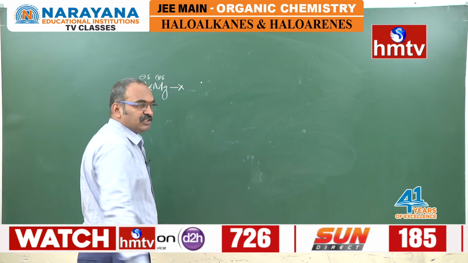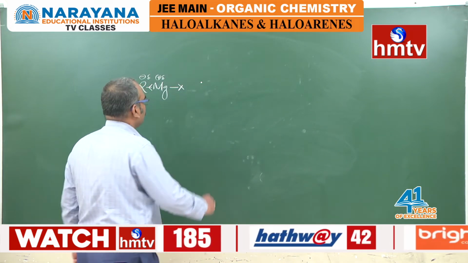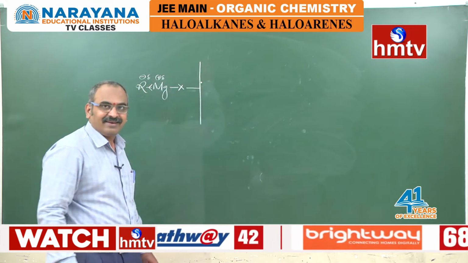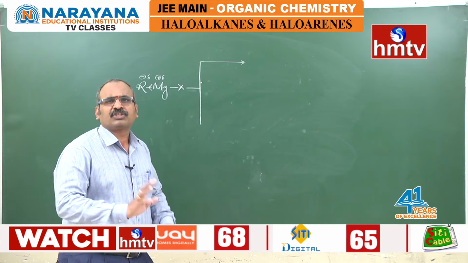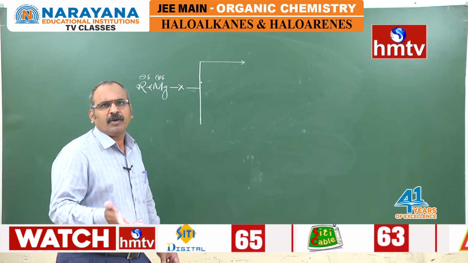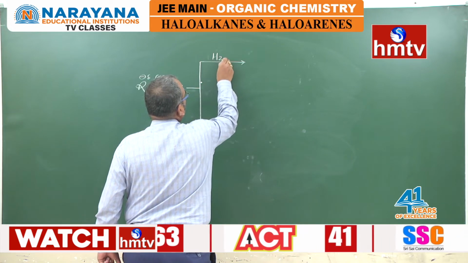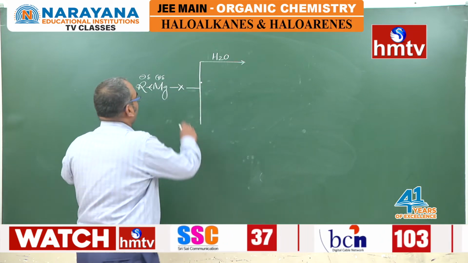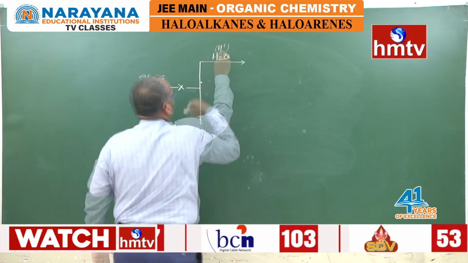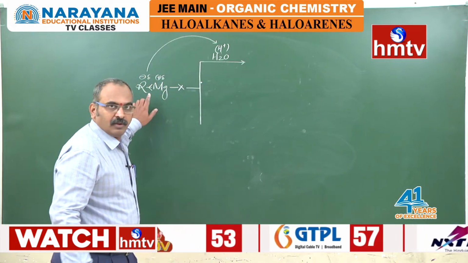So it can participate in nucleophilic substitution as well as addition reactions, and it can consume a proton from any source of proton. Suppose it reacts with water, a protic solvent; it will consume a proton from this and produce an alkane, a hydrocarbon.